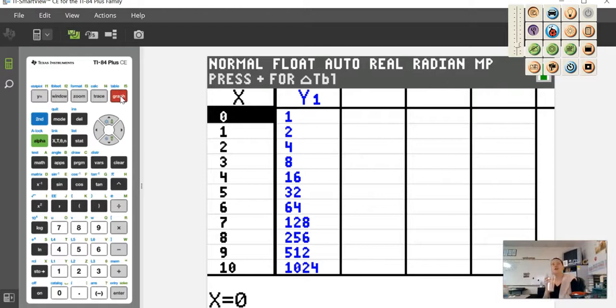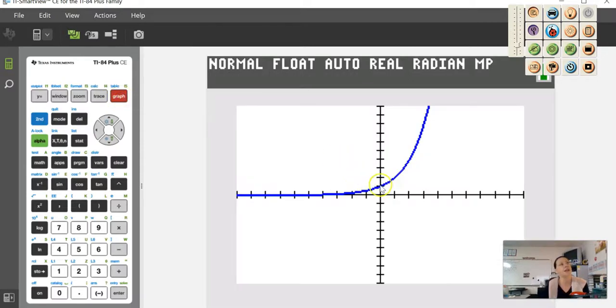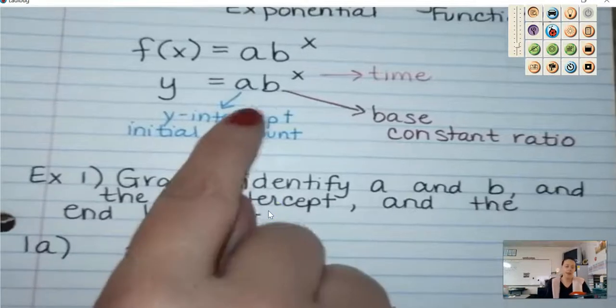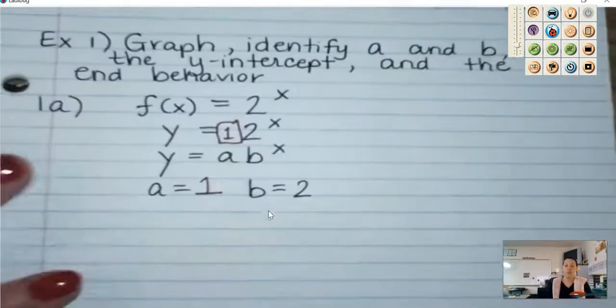Hit the gear, and then you'll see a table button there. So you're looking for what the y-intercept is, 0, 1. So that's another way to tell what the y-intercept is, or it's hitting here on the graph at 1. So the a value is always your y-intercept. So a is just 1.